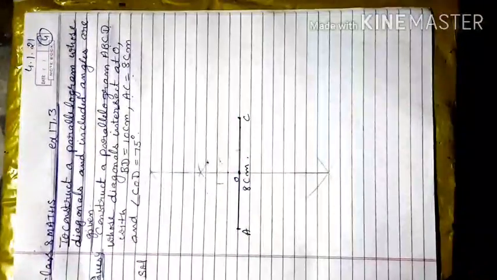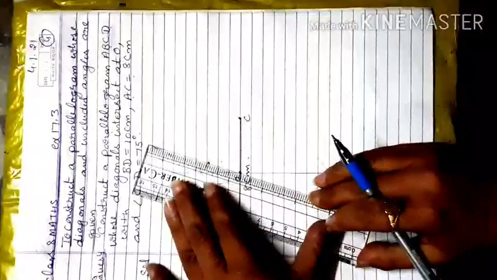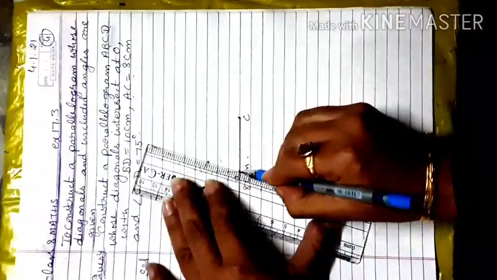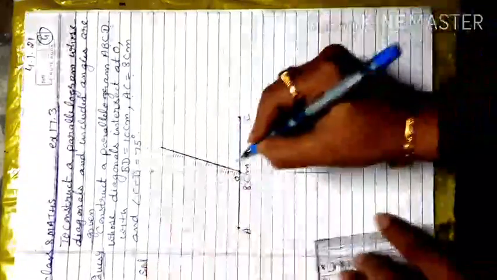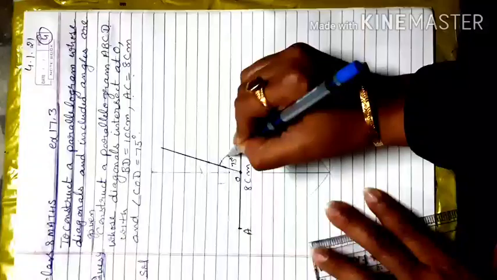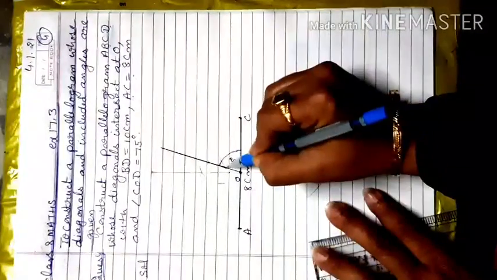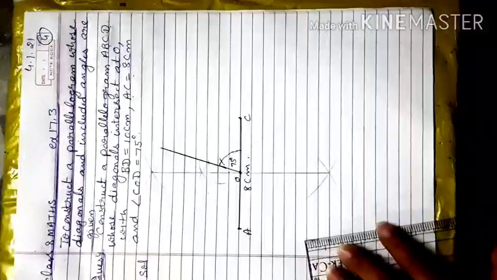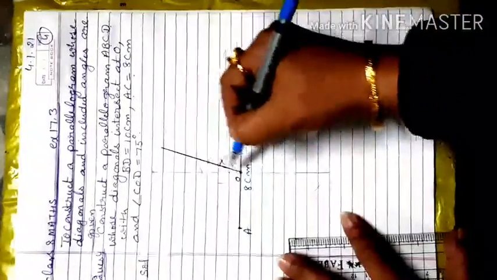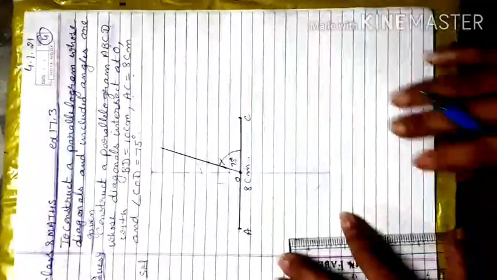When you join this point, according to the COD, this is 75 degree. I darken it to make it clearer. So this is 75 degree, because this is the position of the second diagonal.